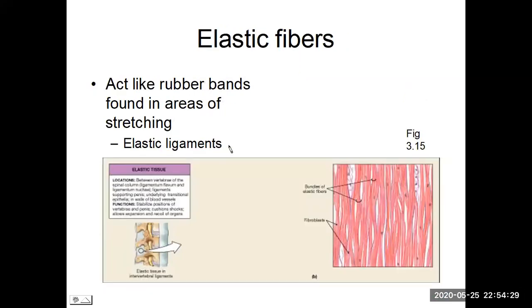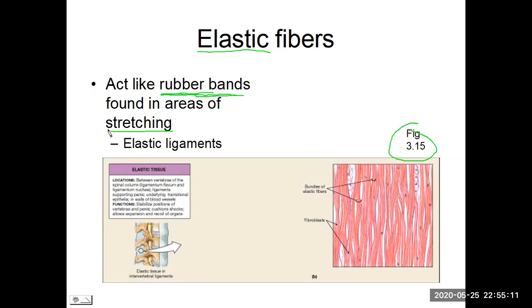The third type is elastic fibers. These allow for areas to be stretched and distorted. And after it's stretched, it can then recoil back to shape. The textbook figure is showing what's known as elastic ligaments, and these are a good example. But I think a more obvious example would be a blood vessel. You can imagine an artery, and every time blood is pumped into the artery, that artery will expand from the pressure.